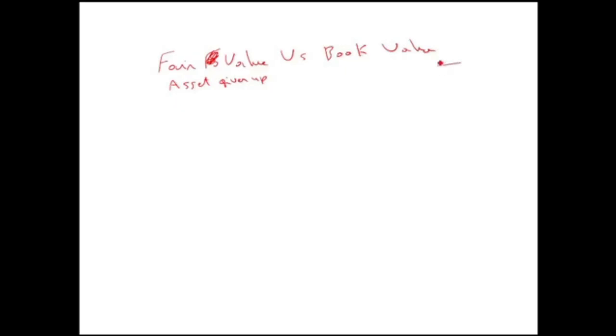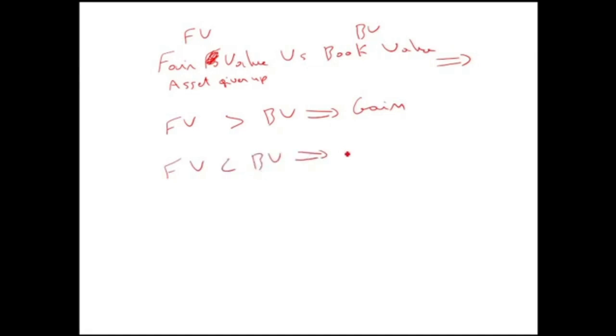If the fair value of the asset given up is greater than the book value, so this is FV and this is BV, then we're going to recognize a gain. If the fair value is lower than the book value, we're going to recognize a loss.